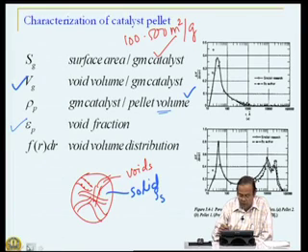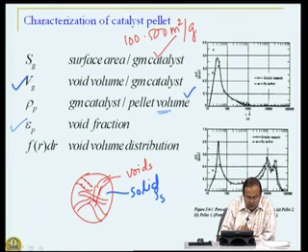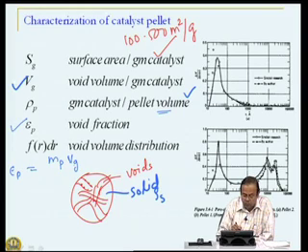So, for example, we could write epsilon p as mass of the catalyst pellet Mp times the void volume. Okay. So, gram of catalyst into the void volume Vg. So, that is the total void volume divided by, let me remove this, catalyst.